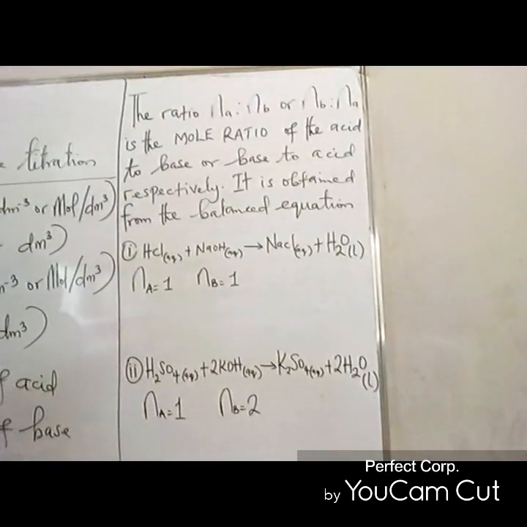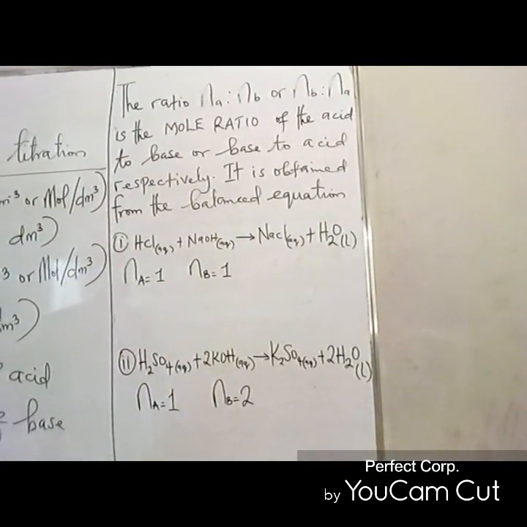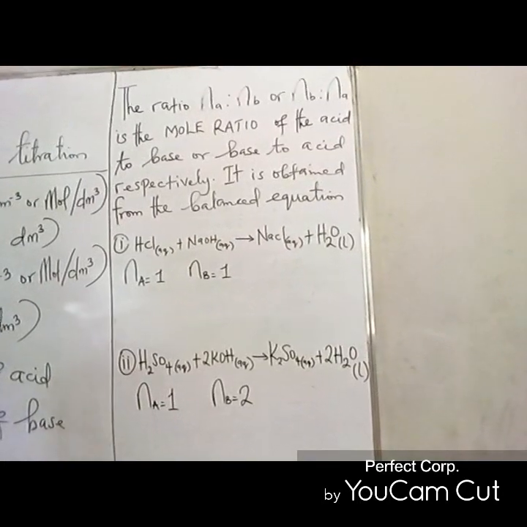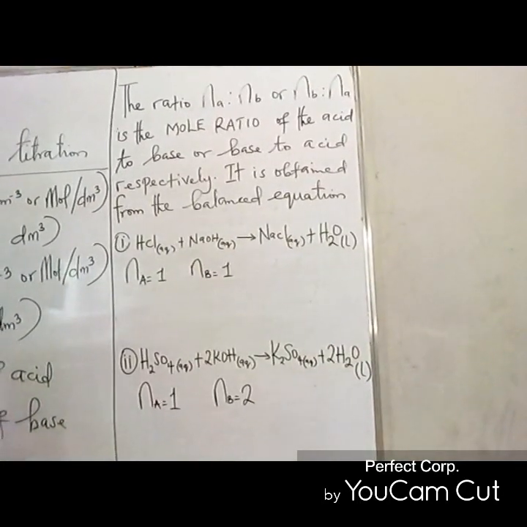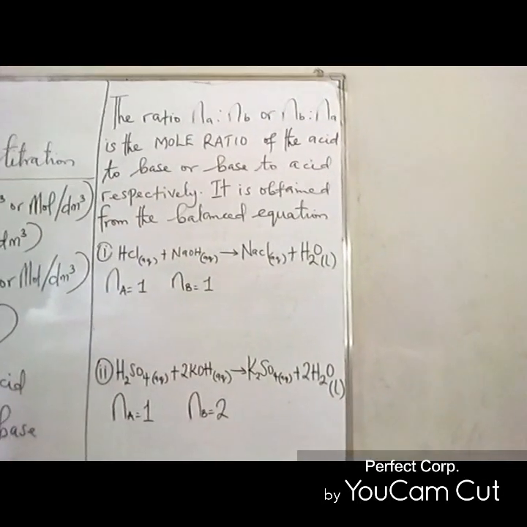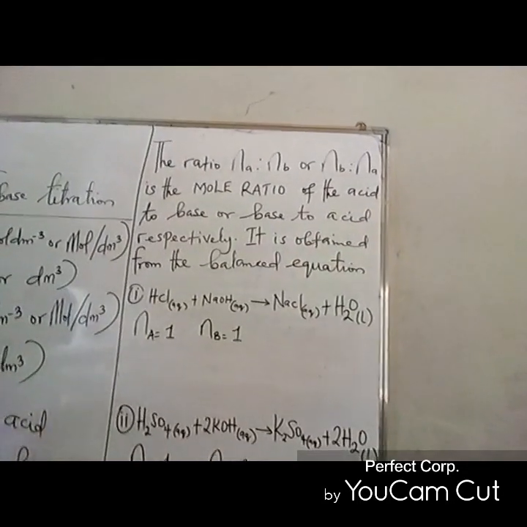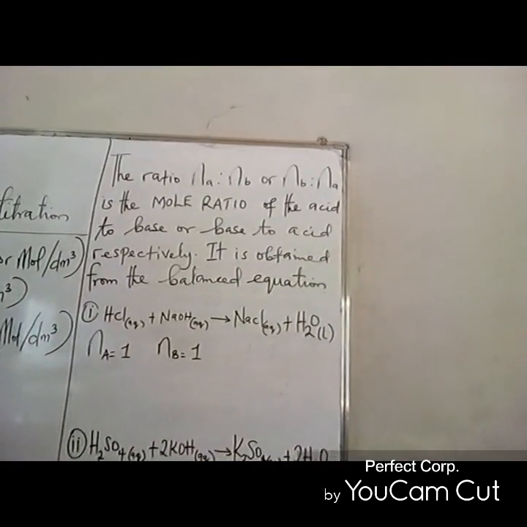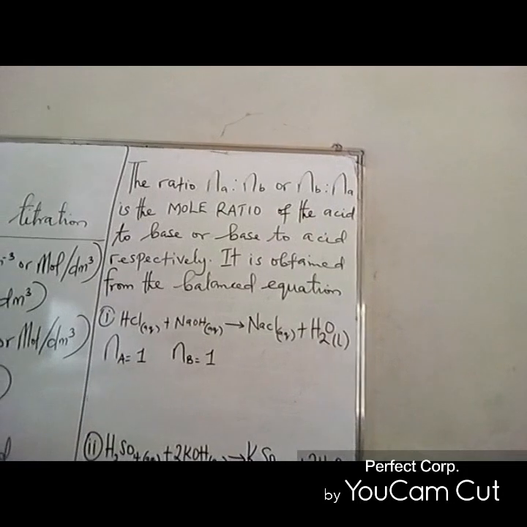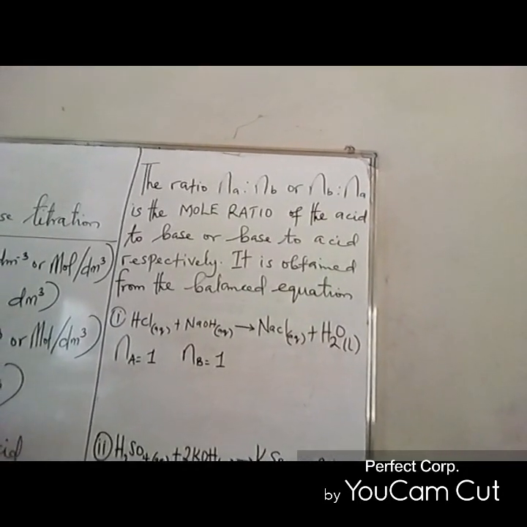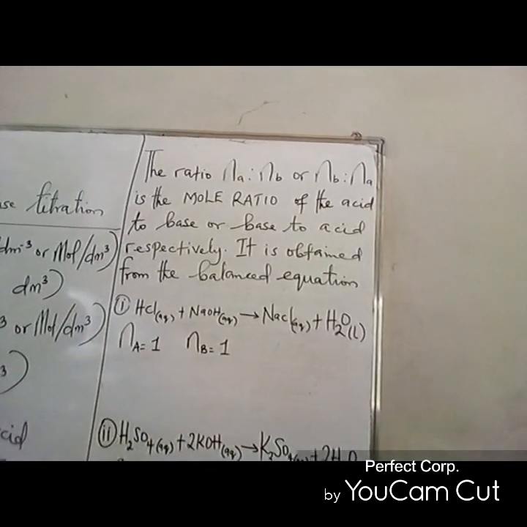Now, how do you know? Okay, before I talk about that, in acid-base titration practical, majorly you'll be given 2 reagents, acid and base. Always take note, you'll be given 2 reagents, acid and base.